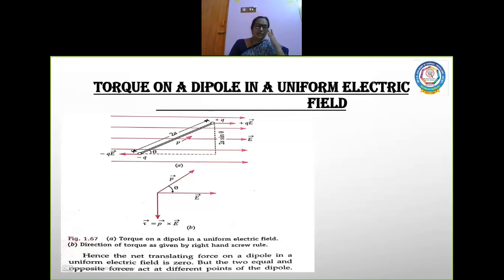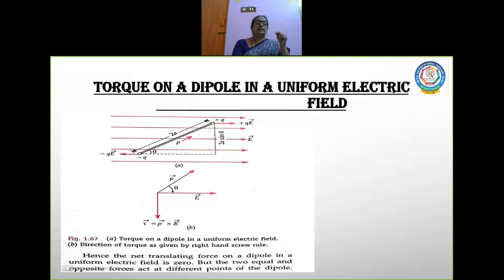Now look at this diagram, children. This is a dipole which is kept in a uniform electric field. See here, E represents the electric field, and I have kept a dipole minus q plus q, and the distance between them is 2a. Now I have aligned the dipole at an angle theta.